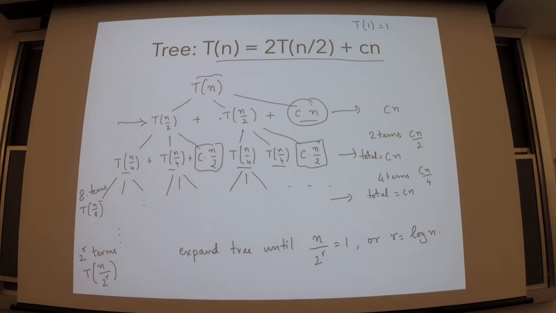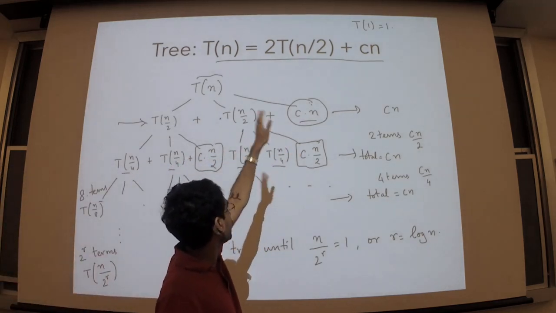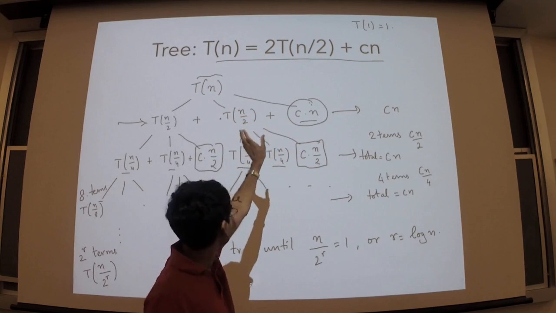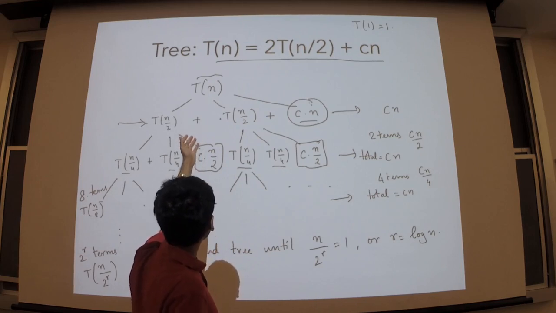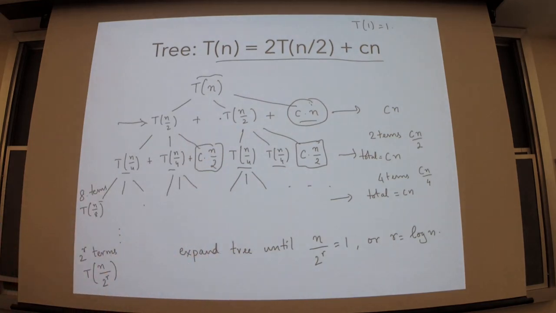How do you compute the value of T of n? Remember that I'm viewing that computation as being done over a tree, and the Cn I have to pay for computing the value of T of n. In order to find out this value, I must add up two kinds of terms: these extra terms that show up in each level, and these T of 1 terms that show up at the base of the tree, at the leaves.